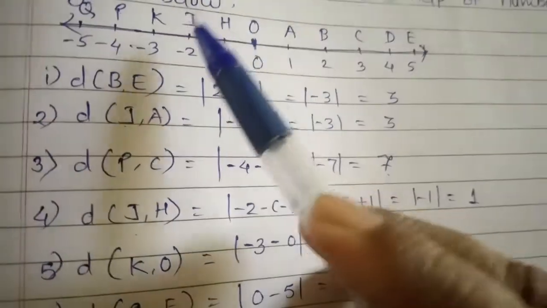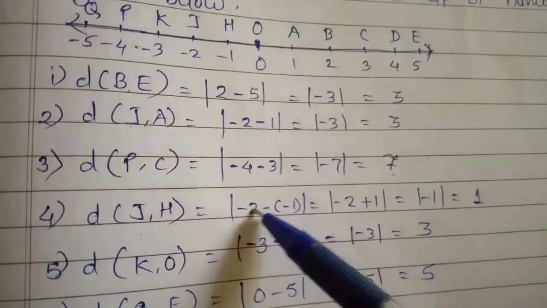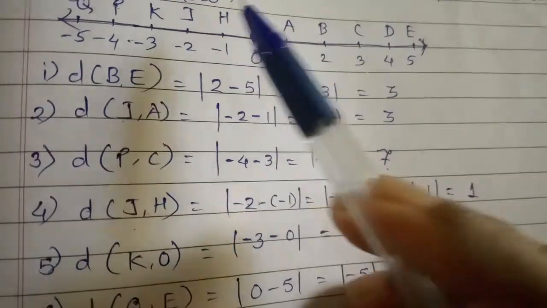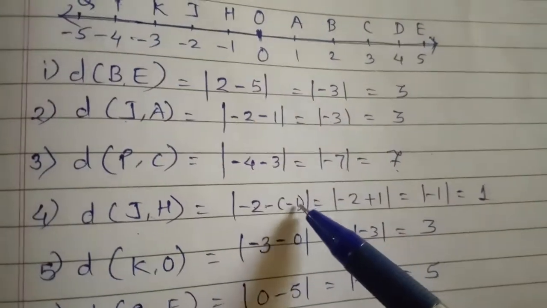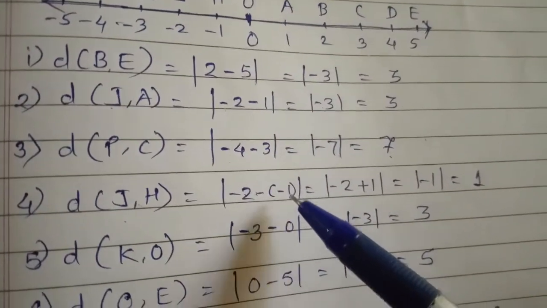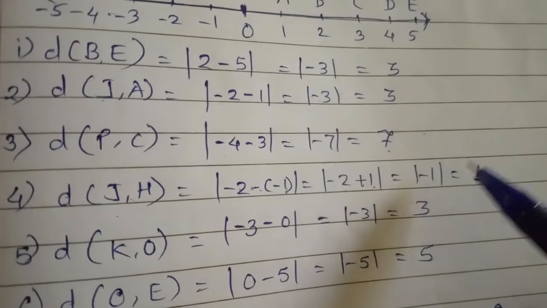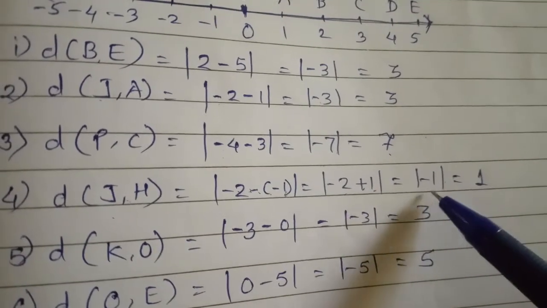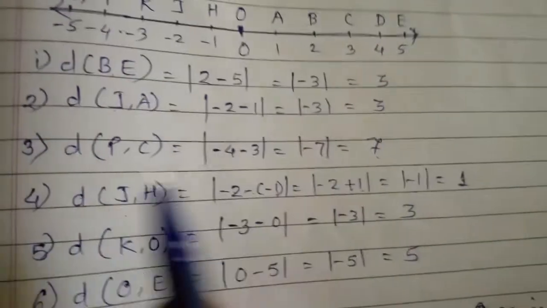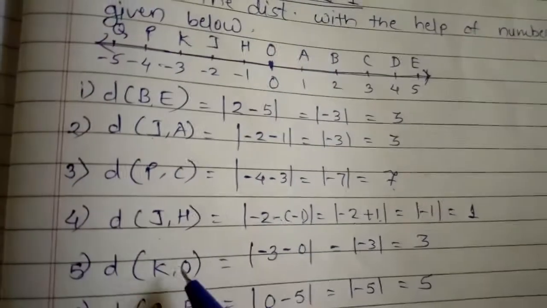Next, JH. J is -2 minus the coordinate of H, which is -1. You have to put down a round bracket for this one. Now see, minus minus is plus, so -2 plus 1, so the answer is -1, and the mod of -1 will be 1. Next one, that is KO.